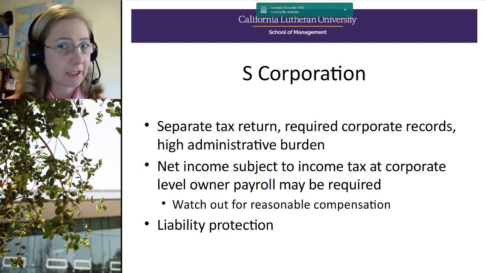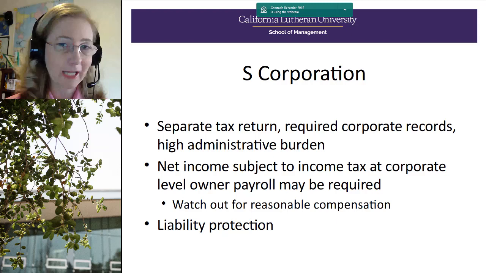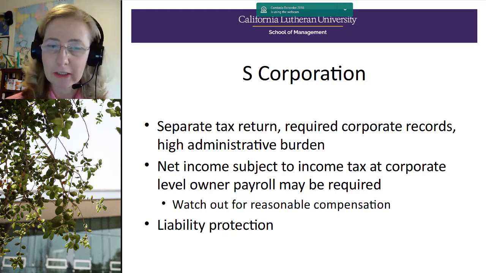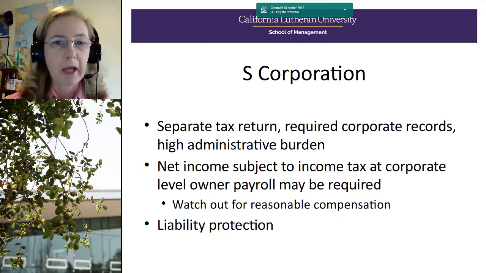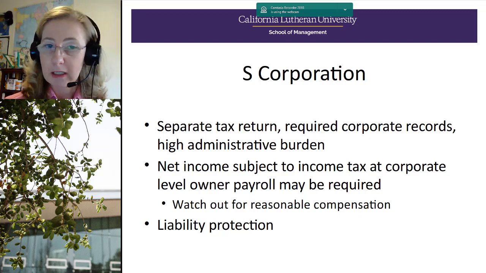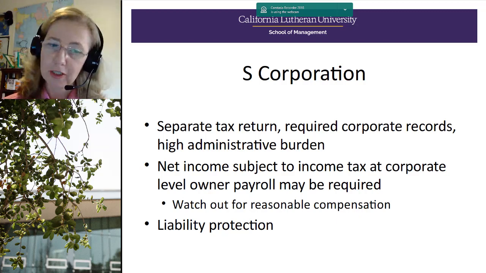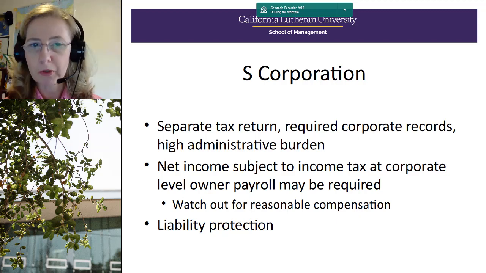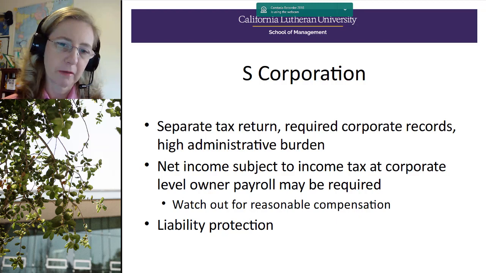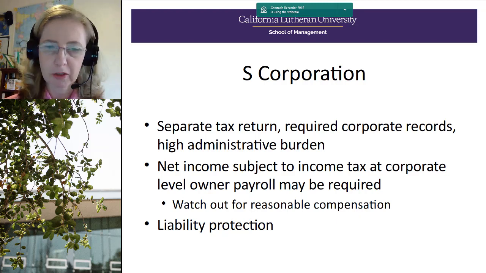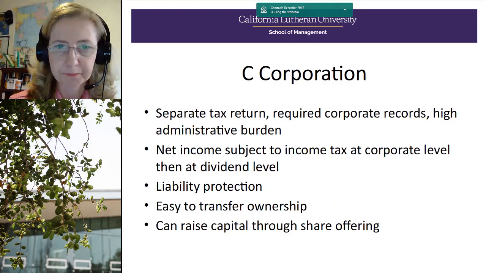This obviously is a layer of complication that the partnerships, the LLC, and the sole proprietorships don't have. And finally, with respect to liability protection, the S corporation does give even more protection above the LLC in terms of your personal liability with respect to what goes on in the business.